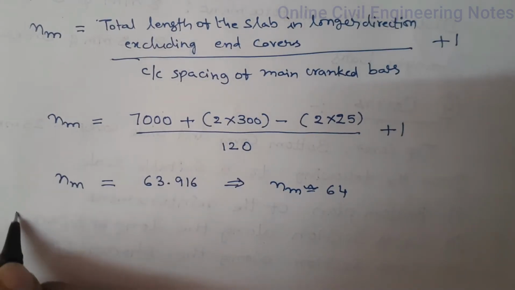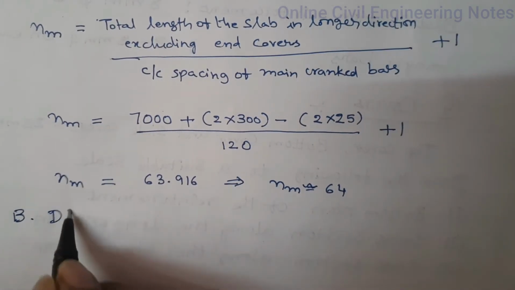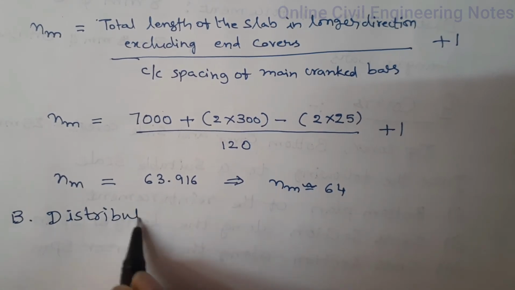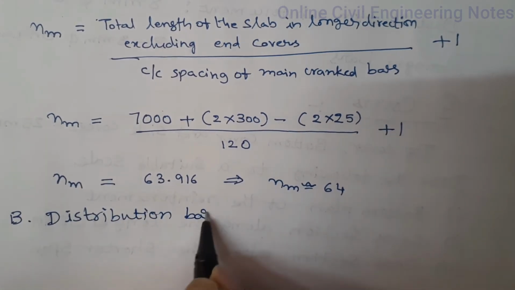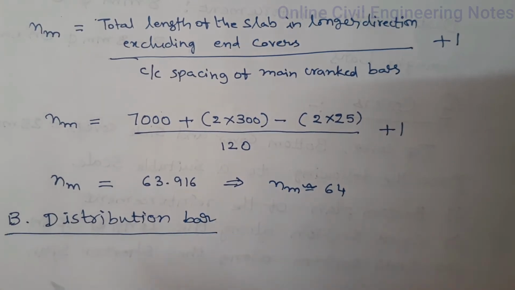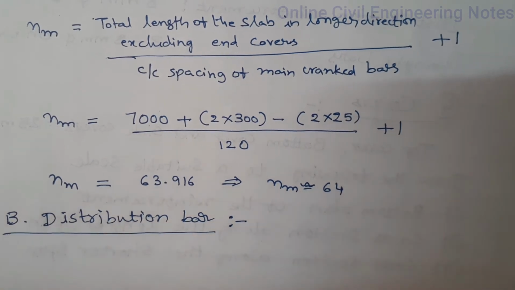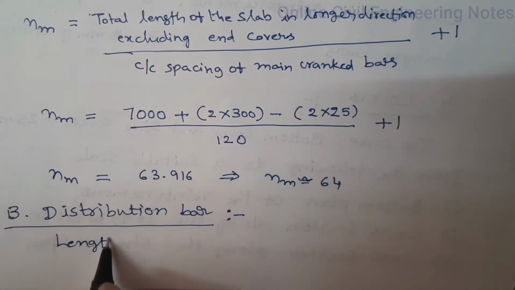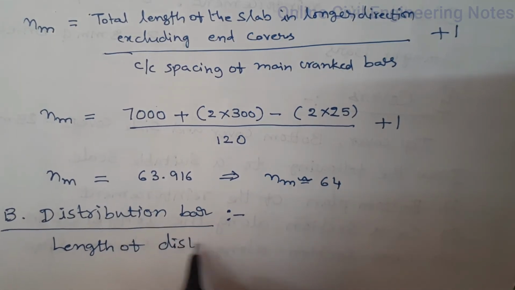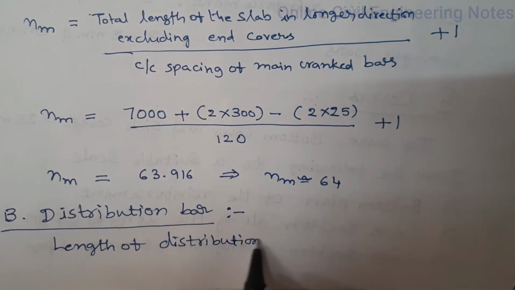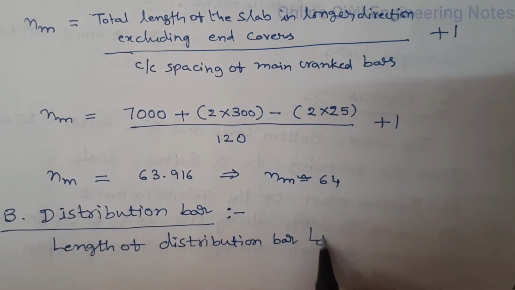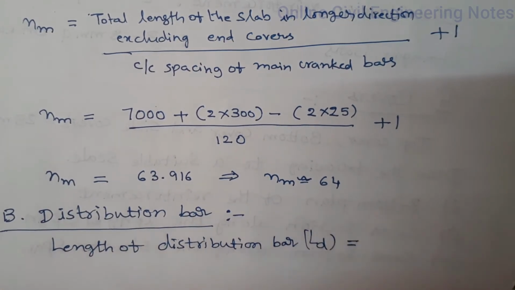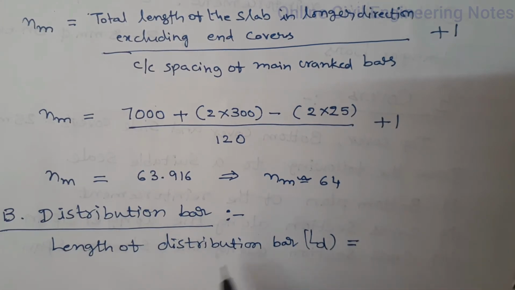Let's calculate the distribution bar length. Designation is B and diameter of distribution bar is 8 mm. Length of distribution bar, LD, is equal to the length of the slab in longer direction excluding the end covers.